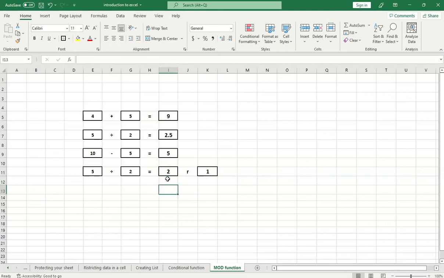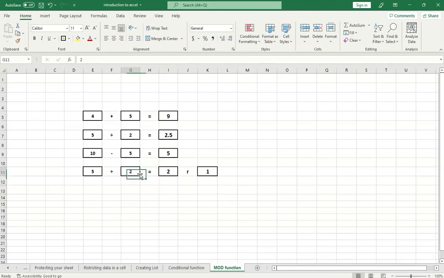There are a lot of formulas you are going to learn in this course after this lesson. This is just the introduction of the functions we have in Excel, and this time around we have learned how to get the exact figure that goes into the figure, and what will remain.